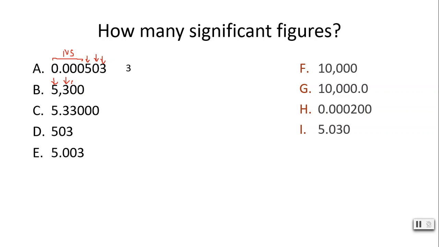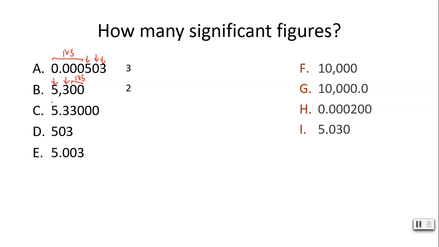Since they are by an implied decimal point, they are ambiguous, so they are not significant. So that number, 5,300, has a total of 2 significant figures, with these zeros not being significant. Now, if there was a decimal point there, then they would be zeros that are significant.